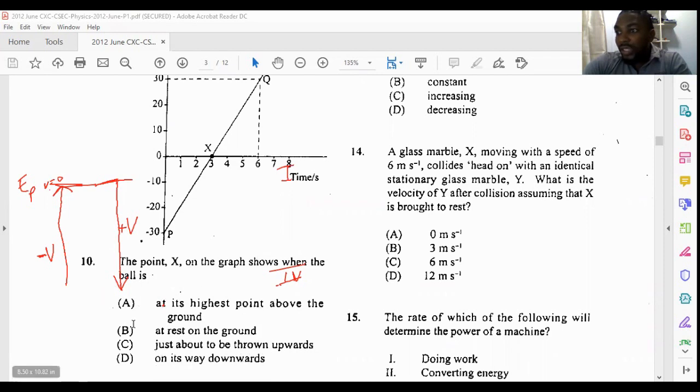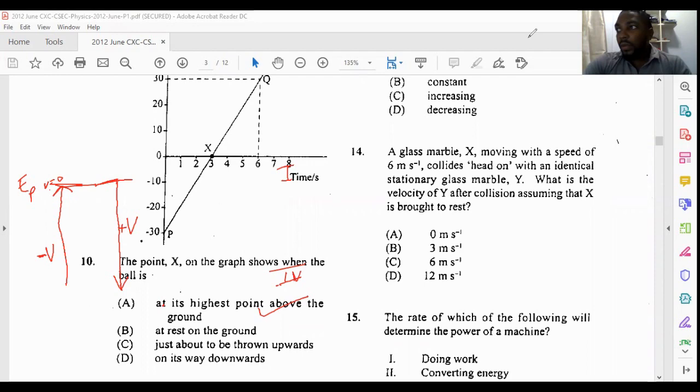So our answer for this question, as everybody should have properly deciphered by now, is A, at the highest point above the ground. That's how we get our answer for question number 10.